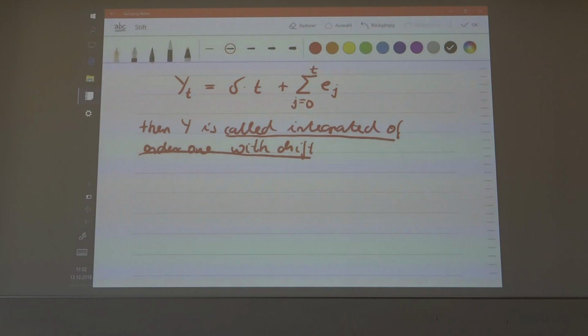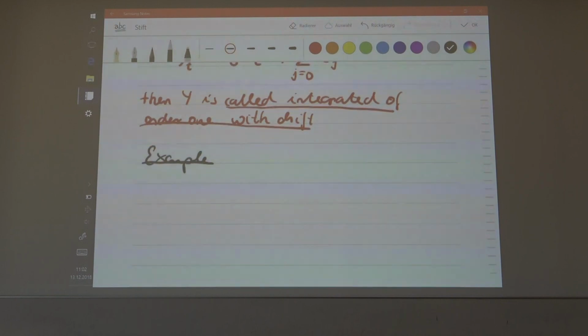Suppose, for instance, e_t is equal to delta plus the noise, where epsilon t is a white noise.